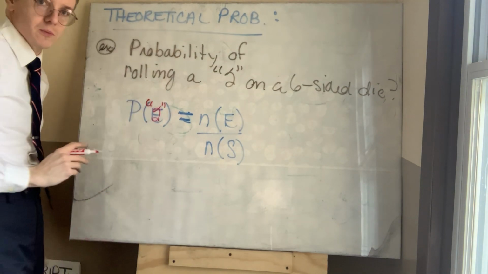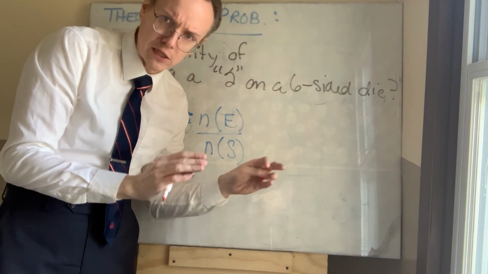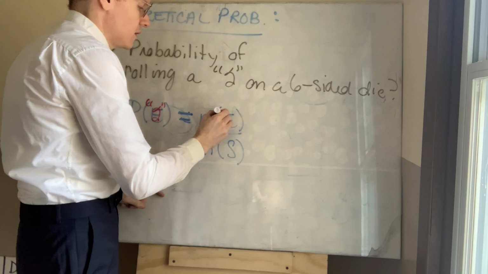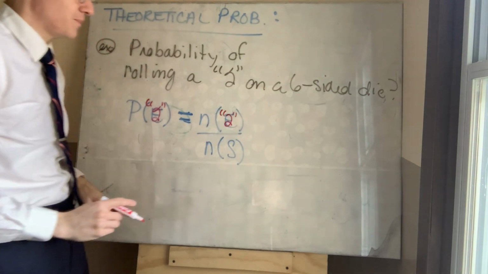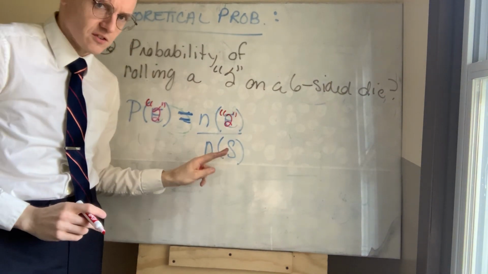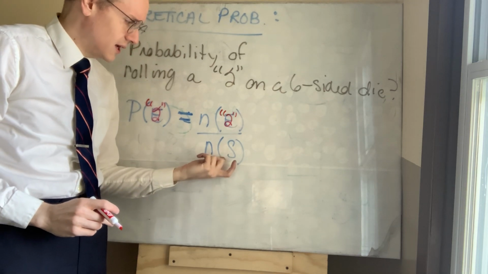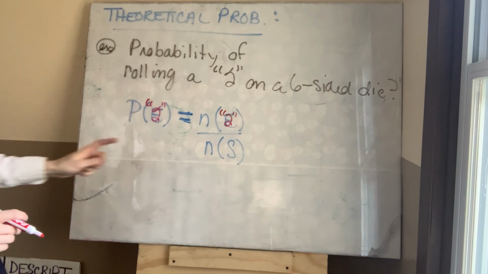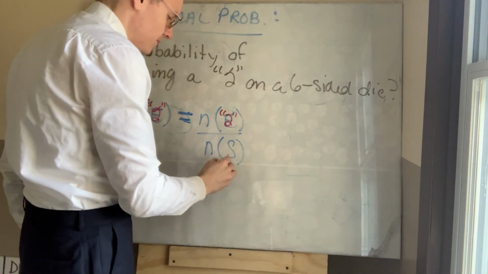Put 2 in quotation marks, because 2 is referring to a specific side. And do the same thing here. Leave this as an S, unless you want to specify this is the number of outcomes in the sample space.